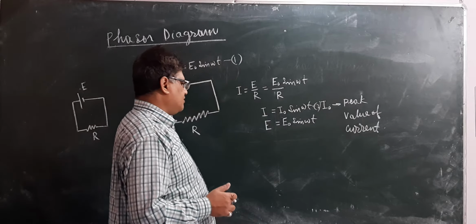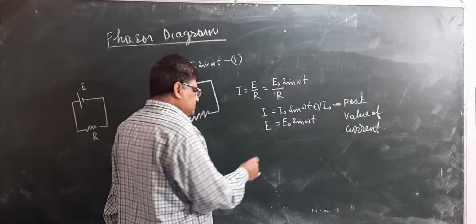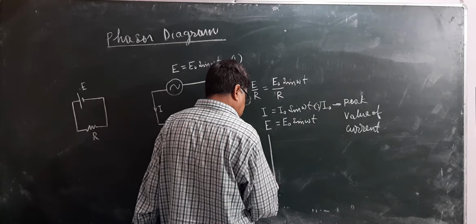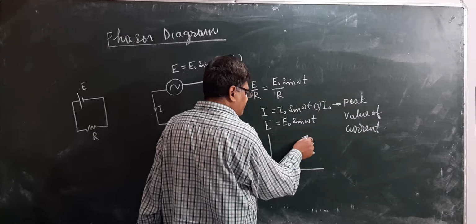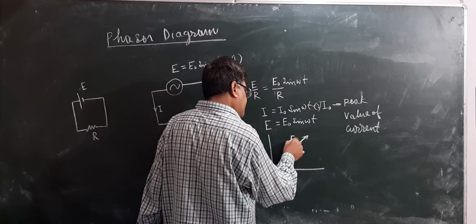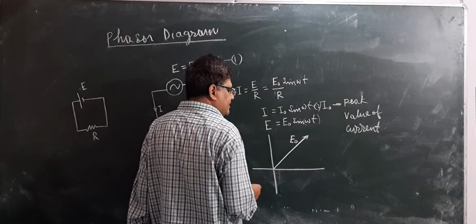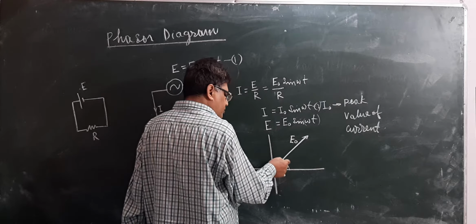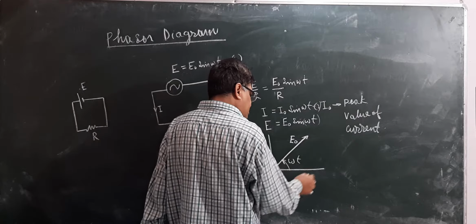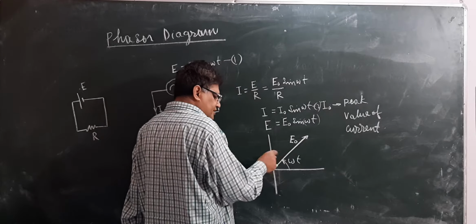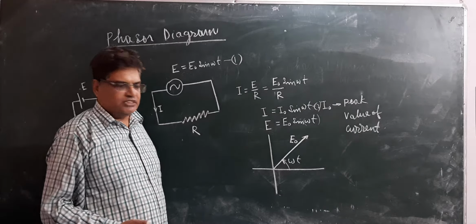So how can we draw the phasor diagrams for the current and the EMF? This is for the EMF, that is, we can draw E naught over here. As you see here, the phase angle is omega t. So omega t will be this angle with respect to the x-axis, and it will be in the anti-clockwise direction because omega t is positive.